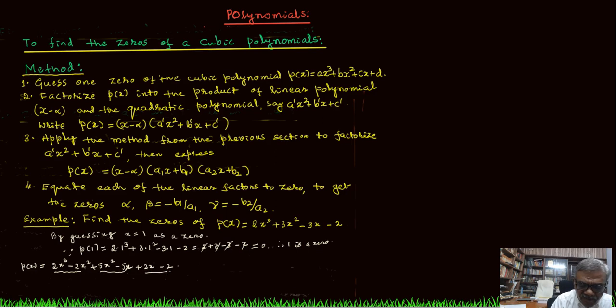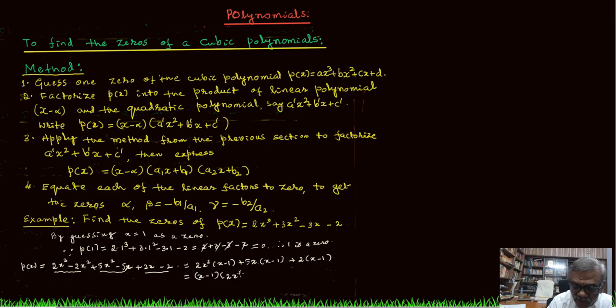So you can group these terms, and this is equal to 2x²(x − 1) + 5x(x − 1) + 2(x − 1), which can be written as, now you can see here, x − 1 as a common factor to all these terms.